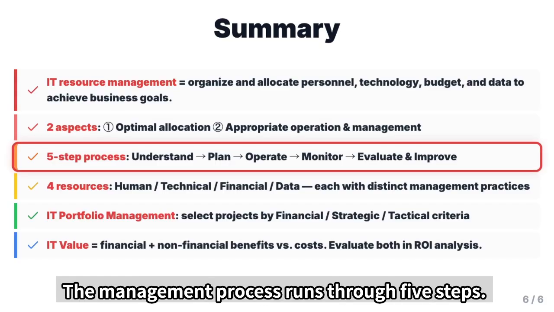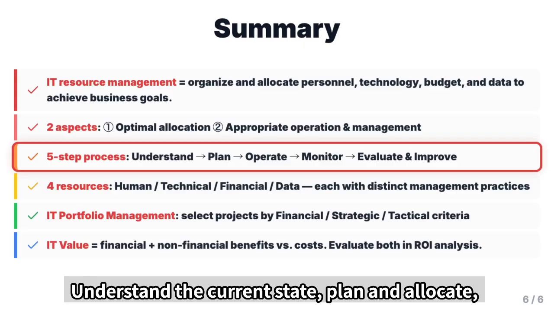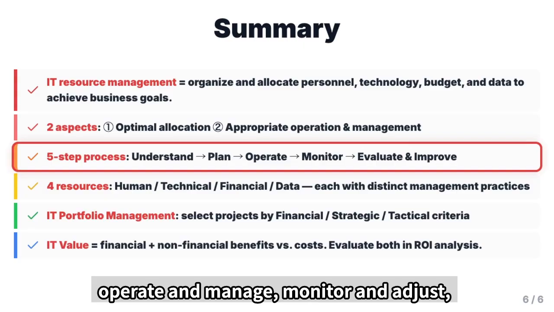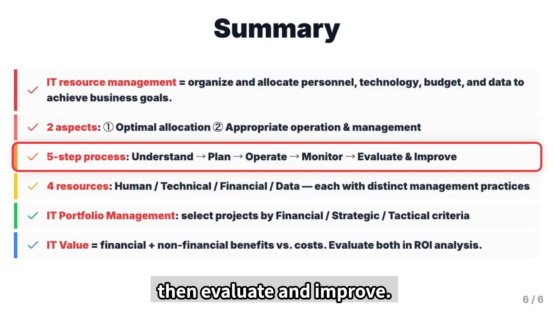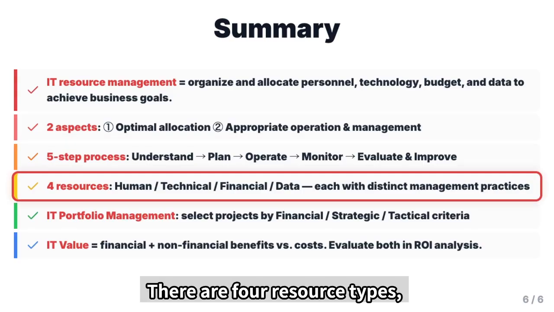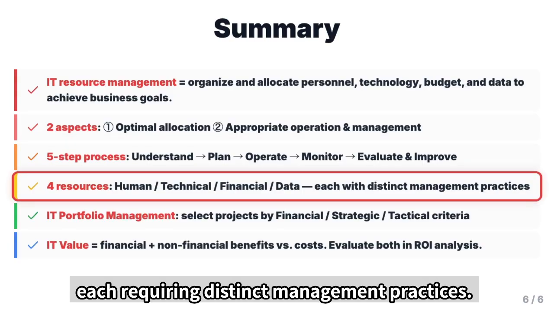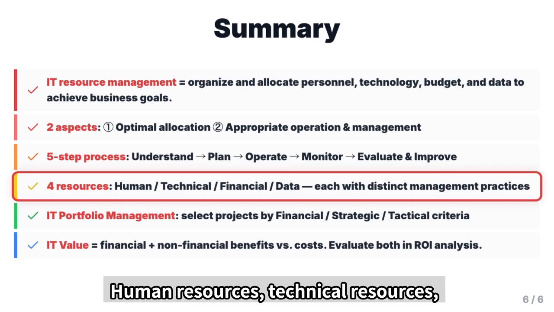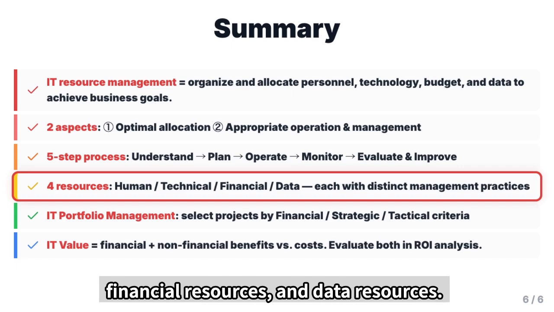The management process runs through 5 steps: understand the current state, plan and allocate, operate and manage, monitor and adjust, then evaluate and improve.